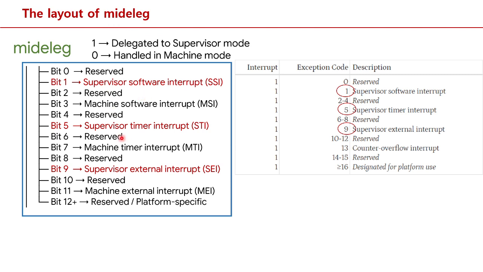The bit positions of the machine interrupt delegation register have a similar pattern to the machine exception delegation register. Please look at this. This register has this kind of bit layout. We need to pay attention to bit position 1, bit position 5 and bit position 9.